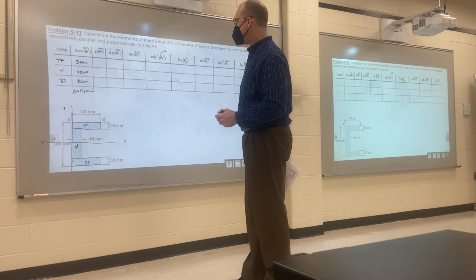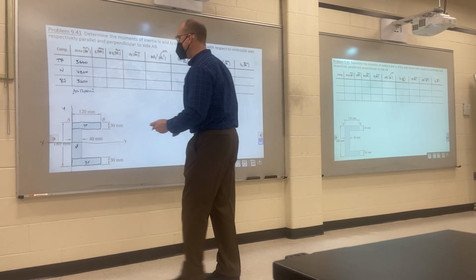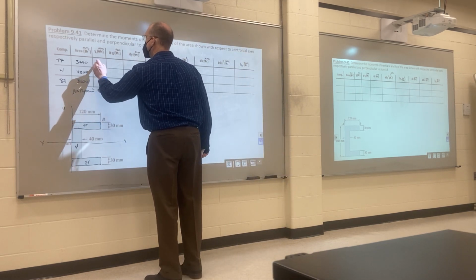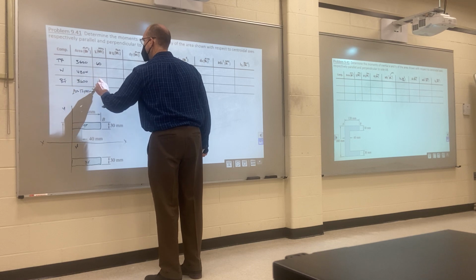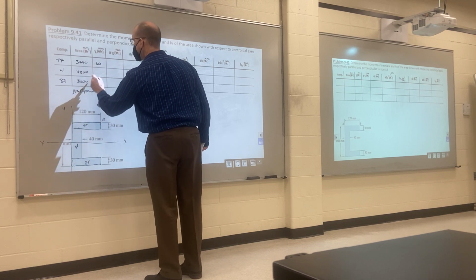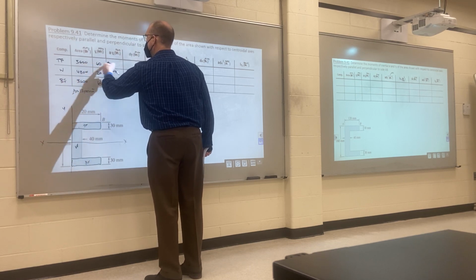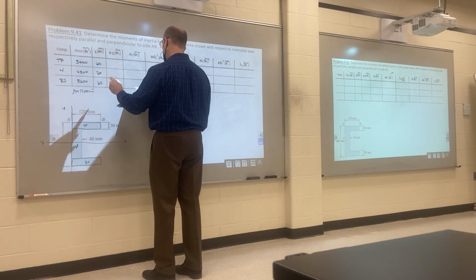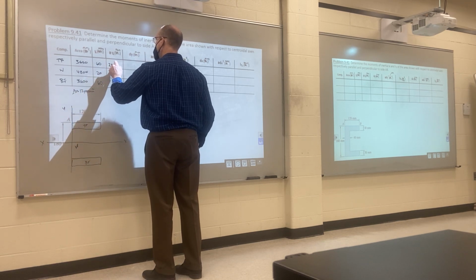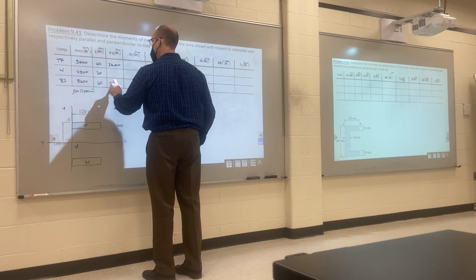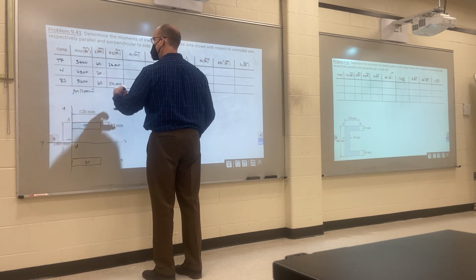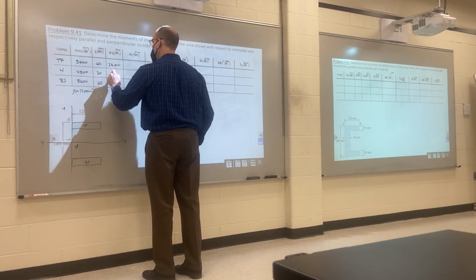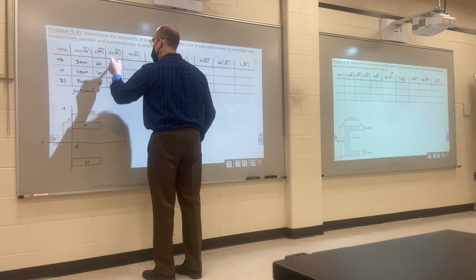All right. So the x for the first shape is half of 120, it's 60, and the same for the bottom flange, 60. And for the web, half of 40 is 20. Take the product: 3600 times 60 is 216,000, and 20 times 4800 is 96,000. And I sum them up.